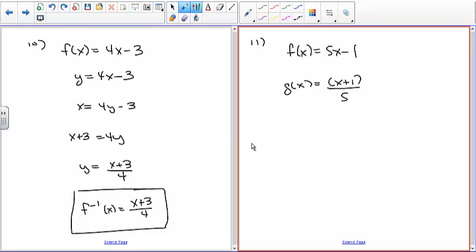So what we want to do is f of g of x. We take the original function, and instead of having x, we plug in g of x.